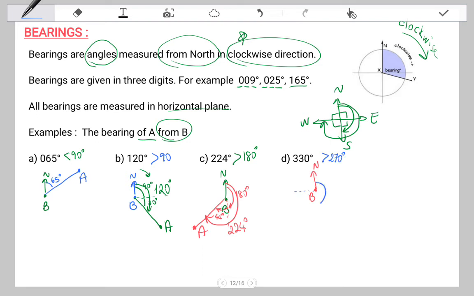So in a clockwise direction, I turn and reach 270, and I continue 60 degrees more. This is 270 degrees, 60 degrees more to get the position of A. So altogether, this turn is 330 degrees.